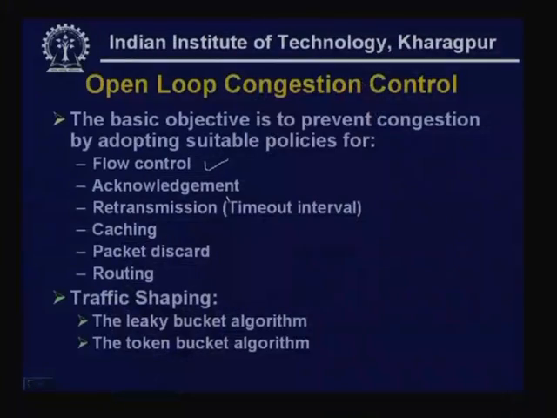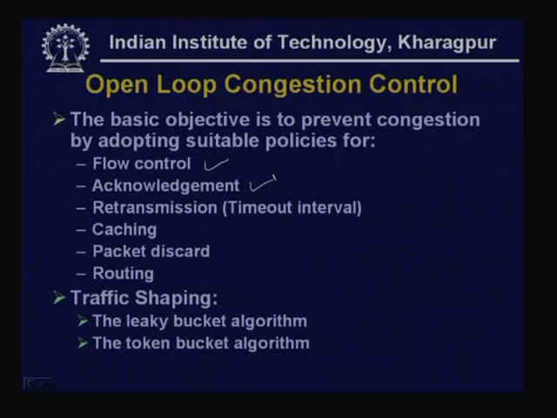So, if window size is restricted to small numbers, say 7 or 3, then the traffic on the network will be small. On the other hand, if a large window size is used, the number of packets in the network will be high before acknowledgements are received. And so, flow control may help in preventing congestion. By adopting suitable policies for flow control, the congestion can be prevented.